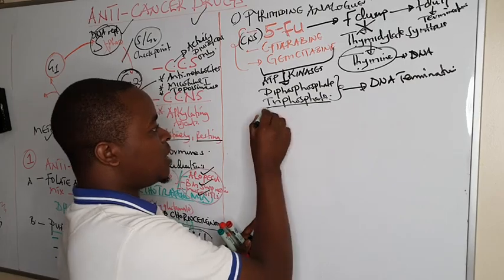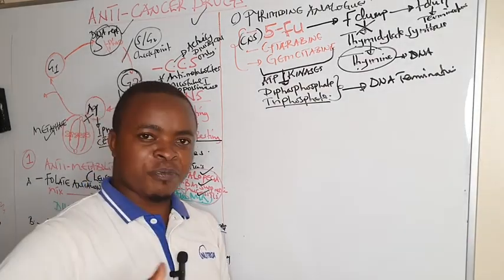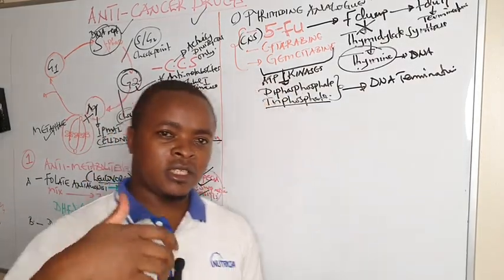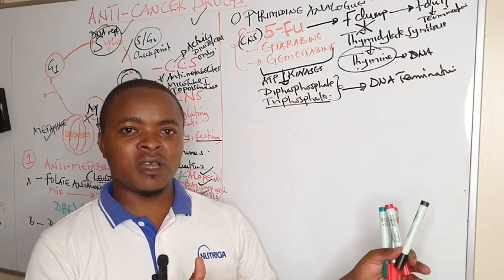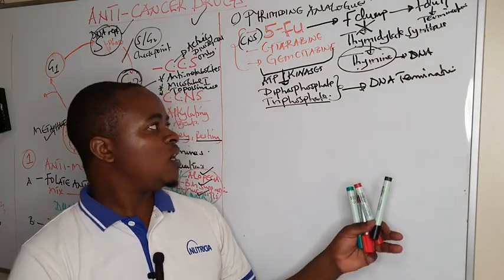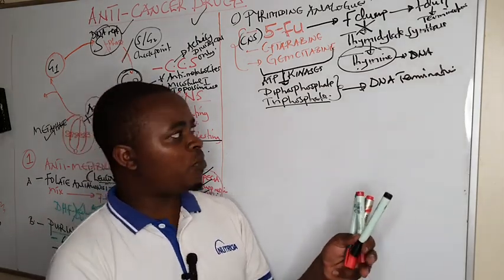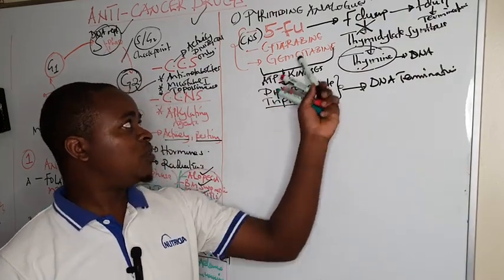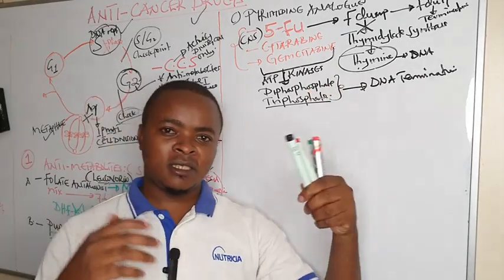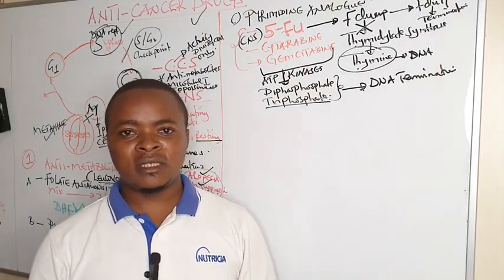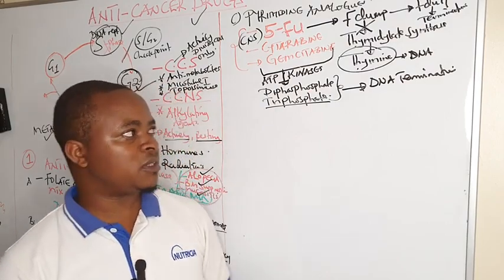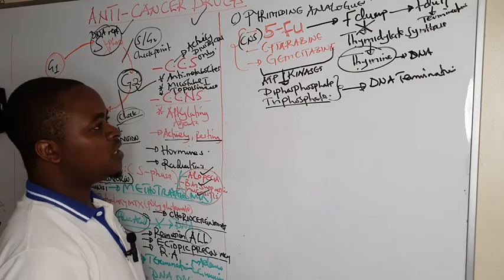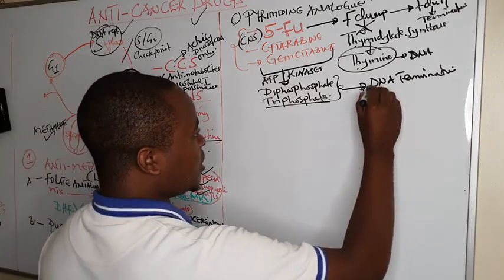Because these ones are analogs, when in DNA replication DNA polymerase is incorporating nitrogen bases complementary to the parent strand or template strand, when they incorporate these triphosphates from these two drugs, they immediately cause chain termination because they lack the OH group at carbon number 3 when incorporated, leading to DNA chain termination.